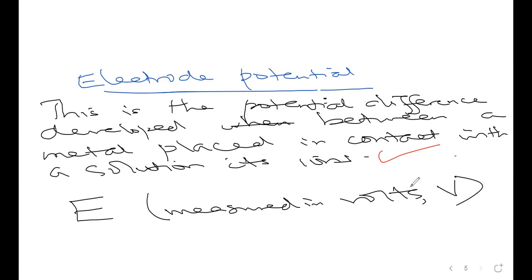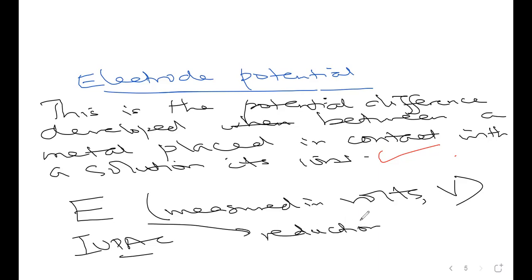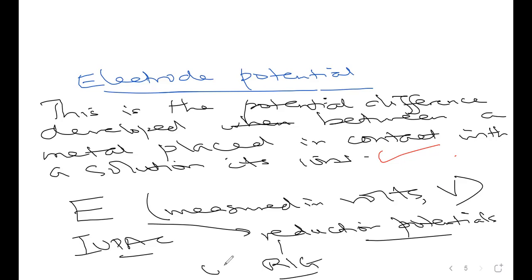According to IUPAC notation, electrode potential is usually a reduction potential. Electrode potentials that are most commonly given in books are reduction potentials, reduction electrode potentials. So in most of our work, we shall deal with reduction potentials. What is reduction? Reduction is gain, and oxidation is loss: oil rig.